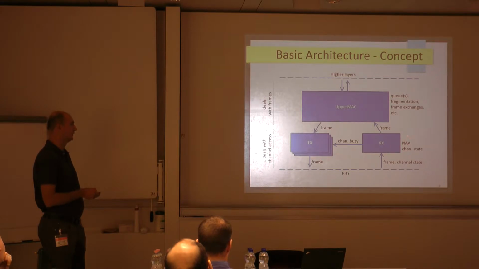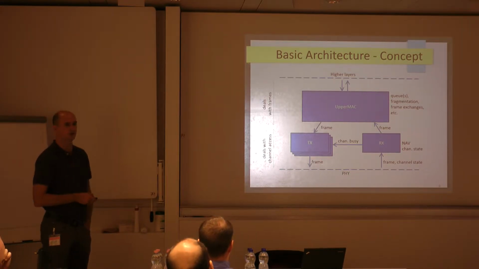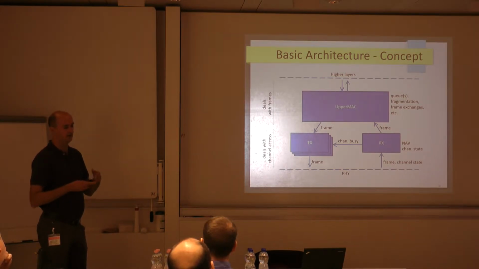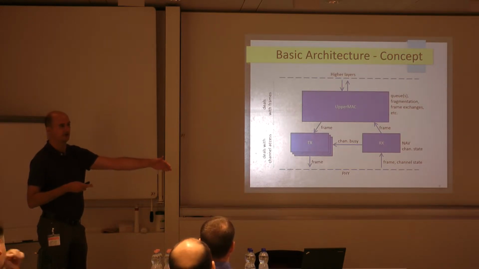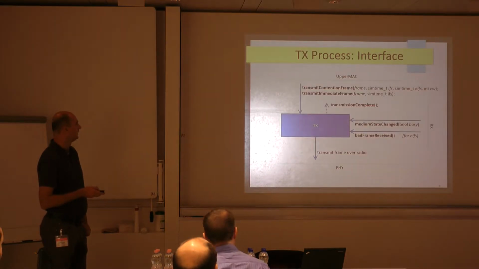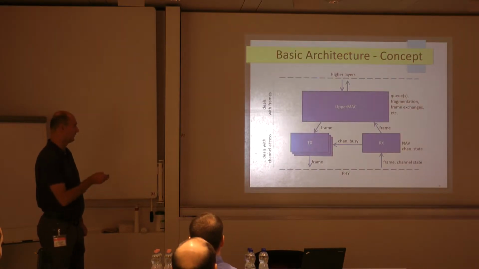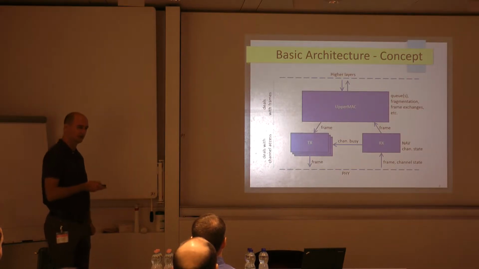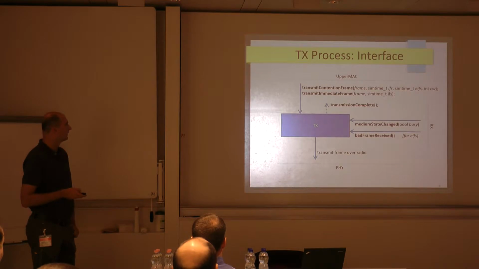It also maintains the network allocation vector, which, for those of you who are not familiar with it, is basically the end of the time until the channel is reserved by the sender. In the upper part we'll have the queues, fragmentation, and everything that's built on top of the channel access.